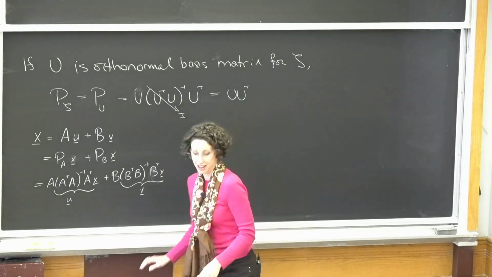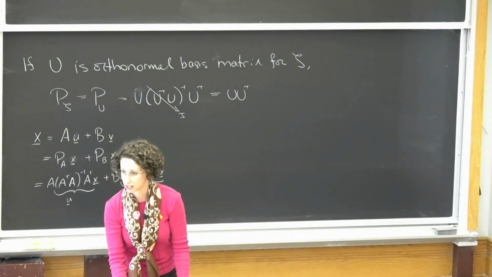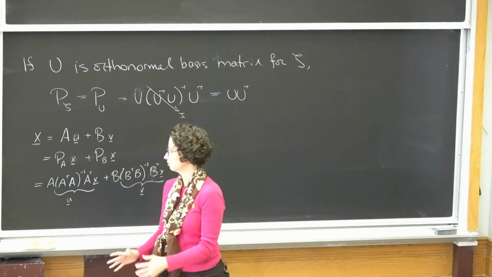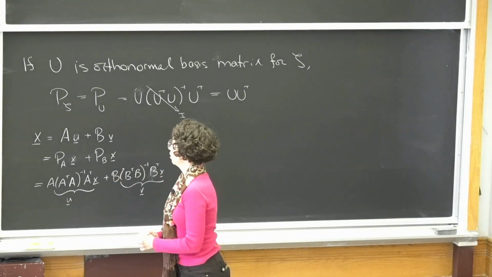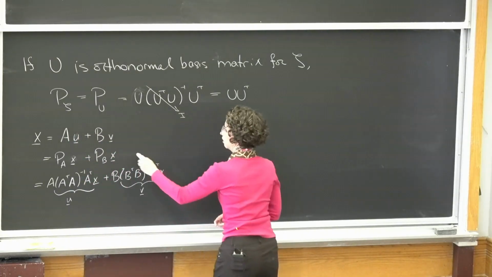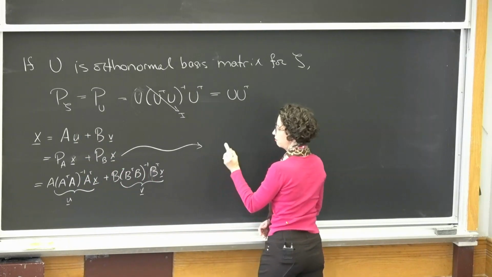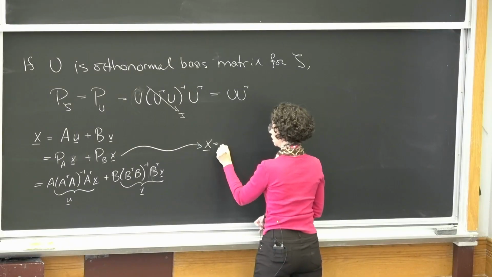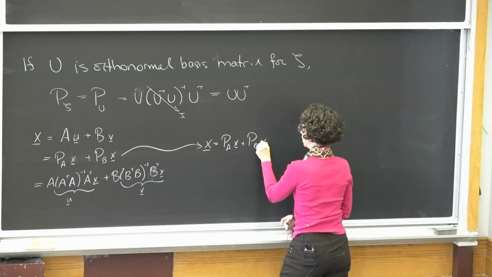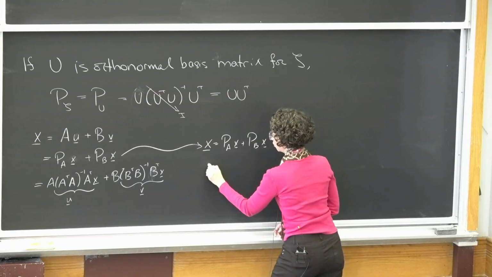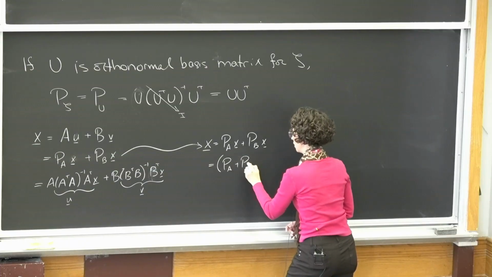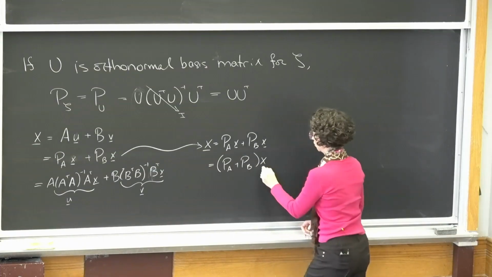Super. Okay, great. Any other questions? Yes. Sorry, can you say again why I minus PB is also a projection? From what we've written here, x is equal to PA of x plus PB of x. So now I'm just going to gather terms and say this is (PA plus PB) of x.